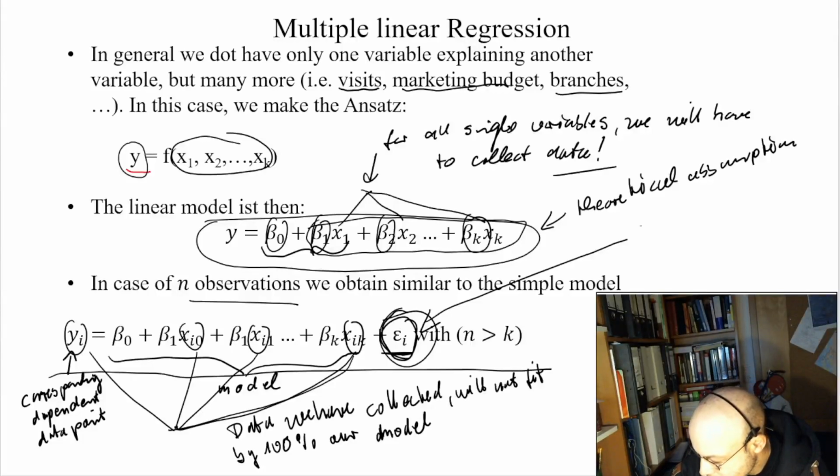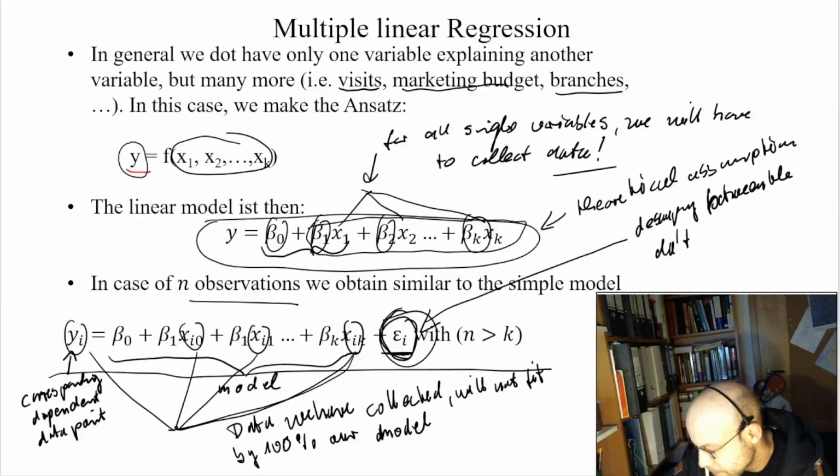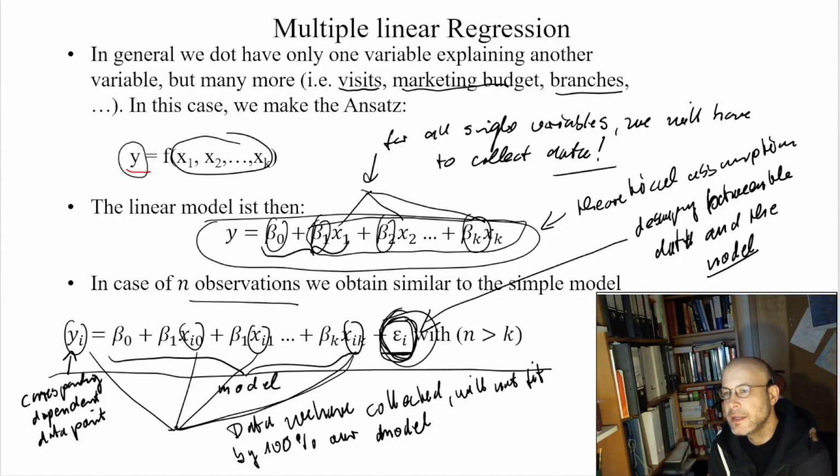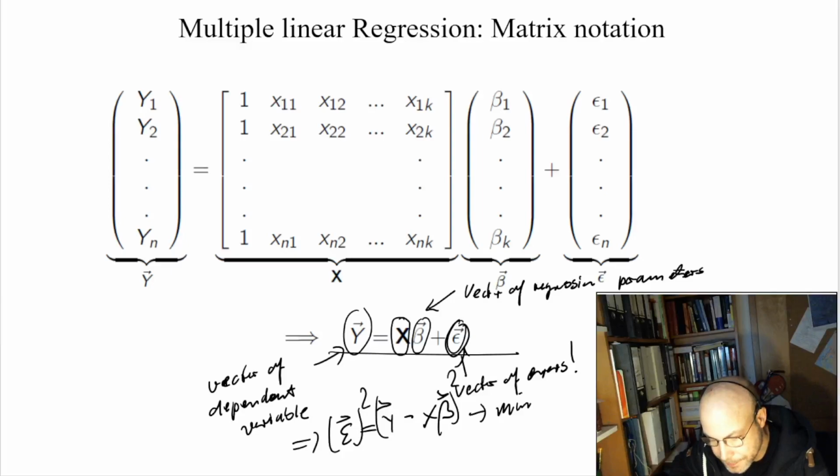So this discrepancy between the data and the model. And therefore, in order to make some probability answers, how good, so to speak, is our model, we have to make assumptions about the properties of the distribution of these error terms.